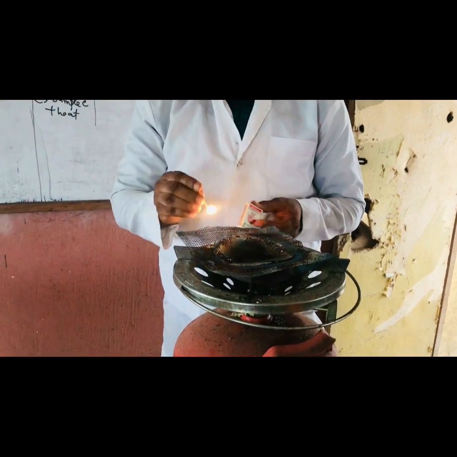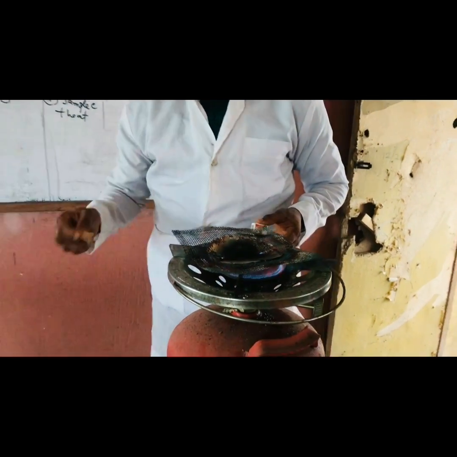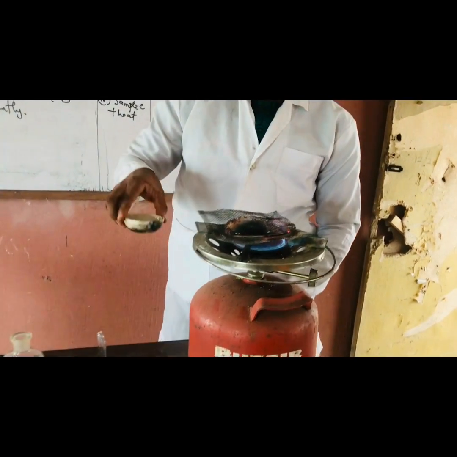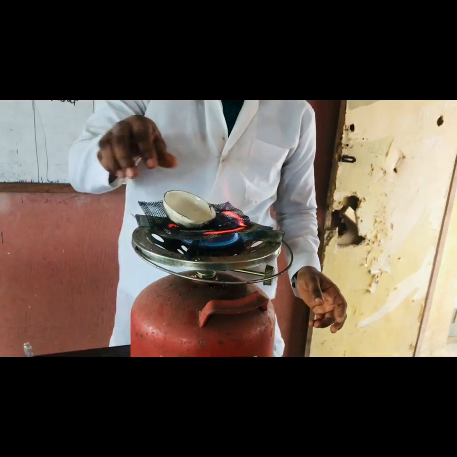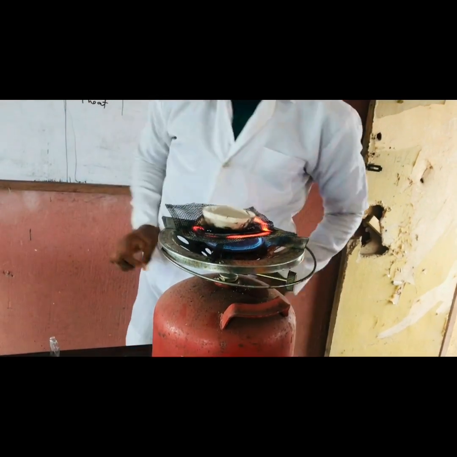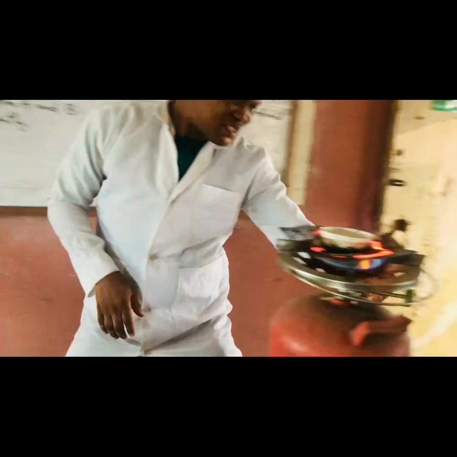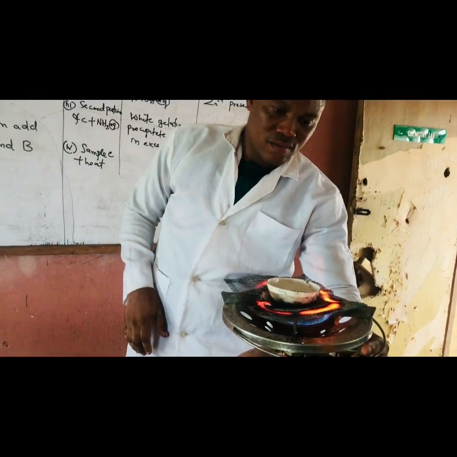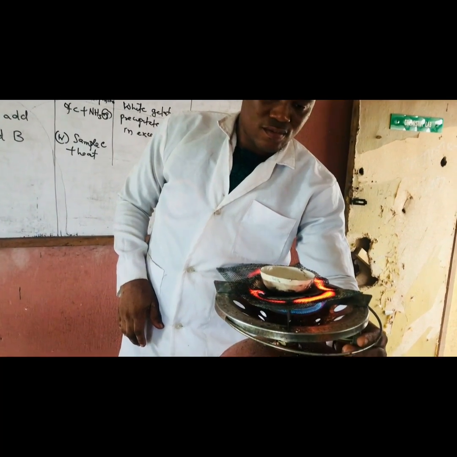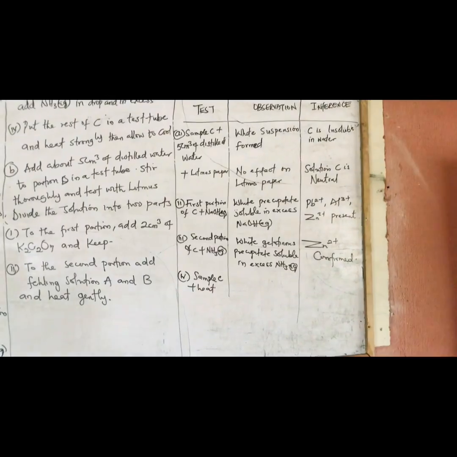White in color before heating. Okay, so let's leave this. Let me reduce the flame a bit. Okay, so let's leave that. So we are going to record that later after some minutes.